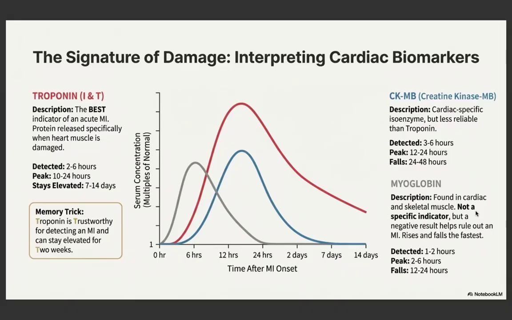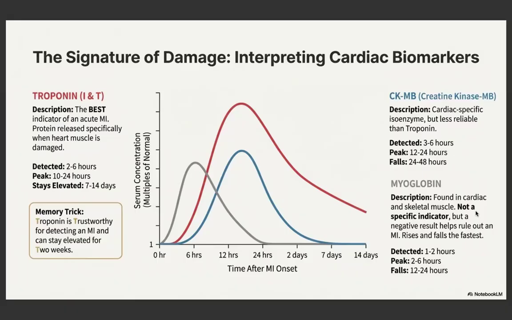So, troponin, a super important indicator of an MI, because when there is damage to the heart muscle, it's going to release troponin. This protein is specifically released when there is damage to the heart muscle. It's detected within 2 to 6 hours of your MI symptoms starting.